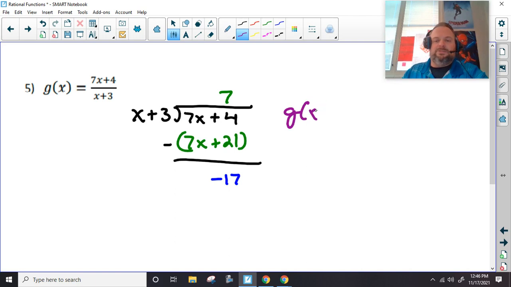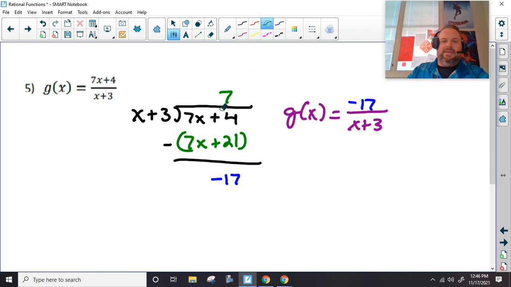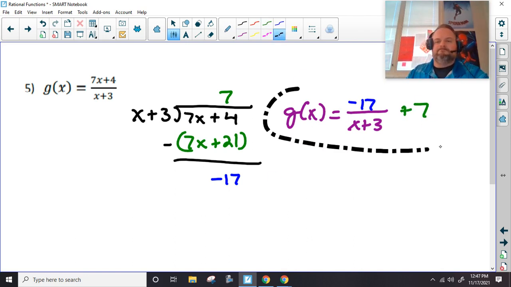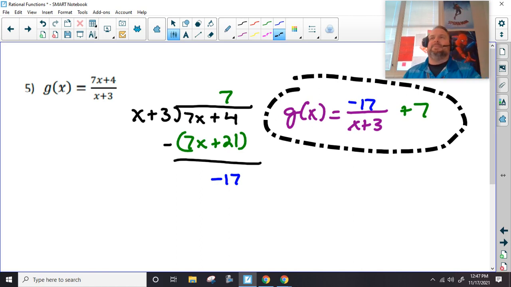So we have g of x equals, we put our denominator back down here, we put what was right here on top, and we put our whole number to the side. Now, again, we're making the main thing the main thing.